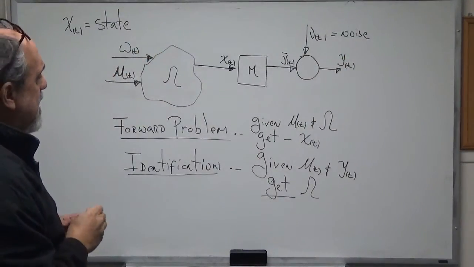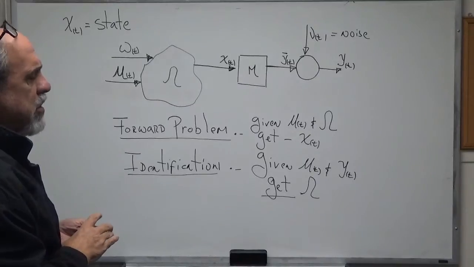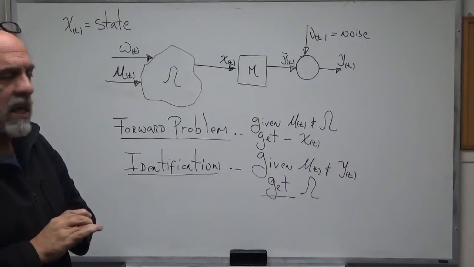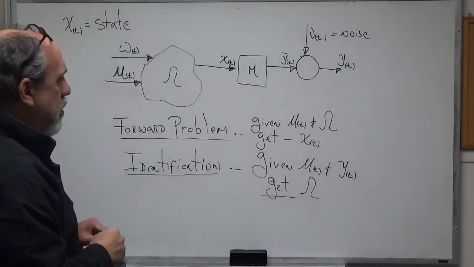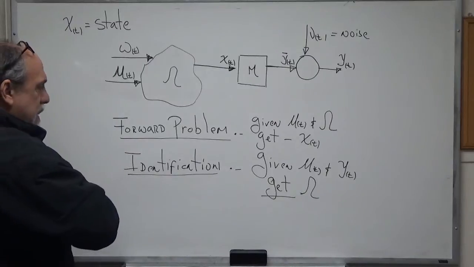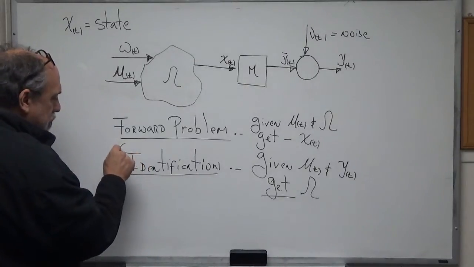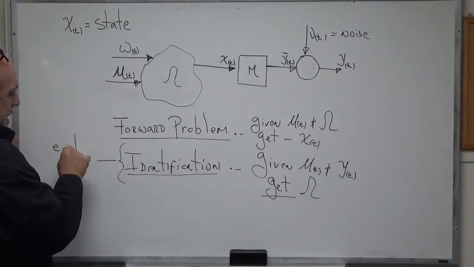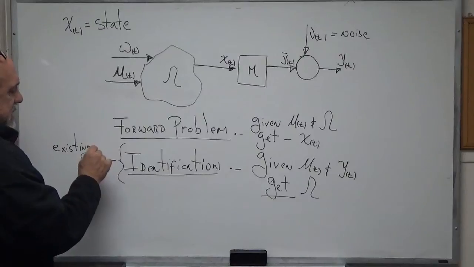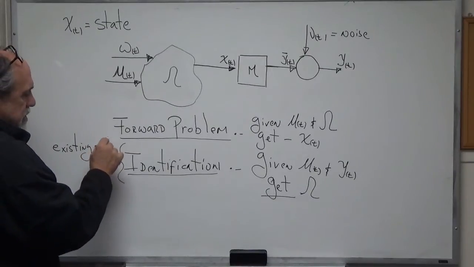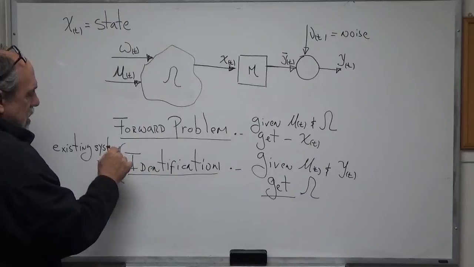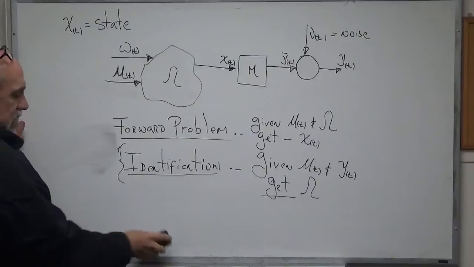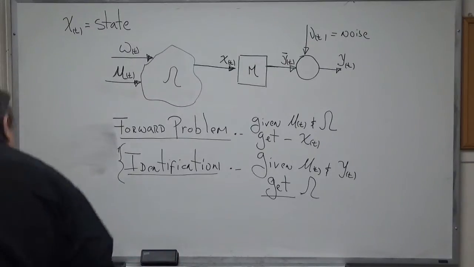Now, in system identification, there is one sharp distinction with the standard way to think of design or the forward problem. The identification problem only makes sense when we're talking about an existing structure, an existing system. There must be some system that exists in order for us to ask an identification question. Otherwise, there's nothing to identify.